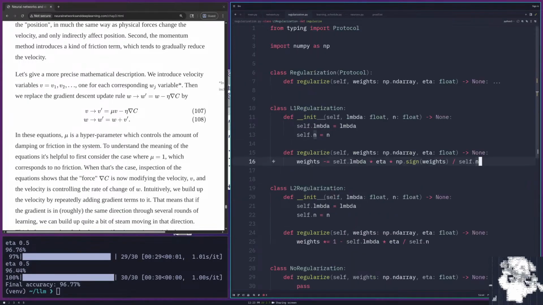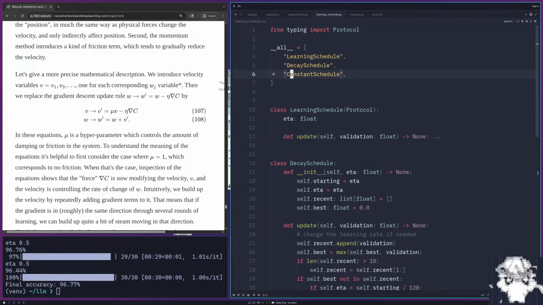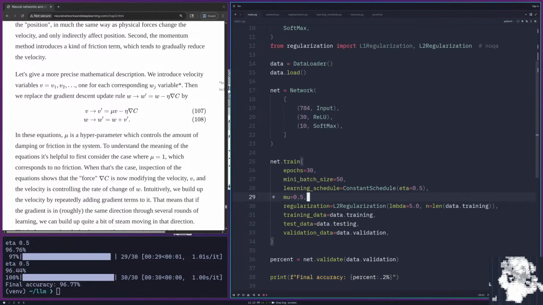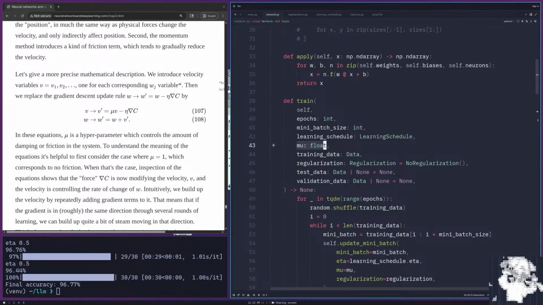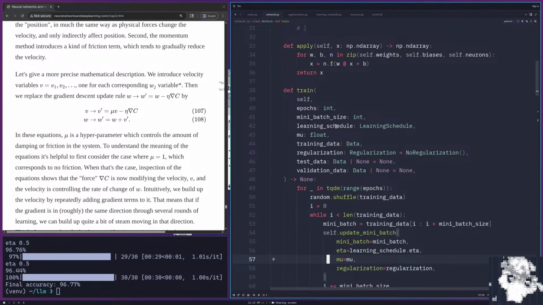I don't know what to set it at. Something between 0 and 1, I know. Okay, so mu. I want to remember it as I'm training.